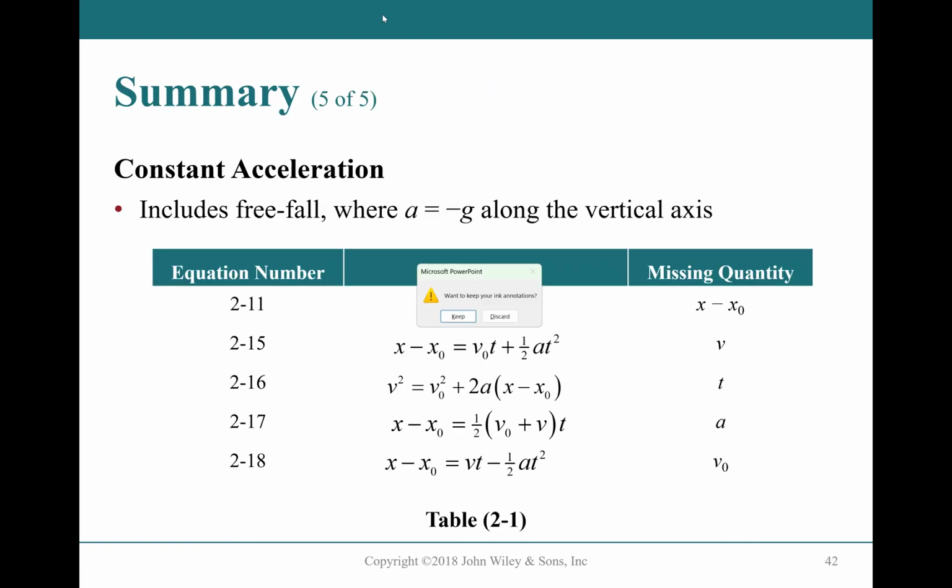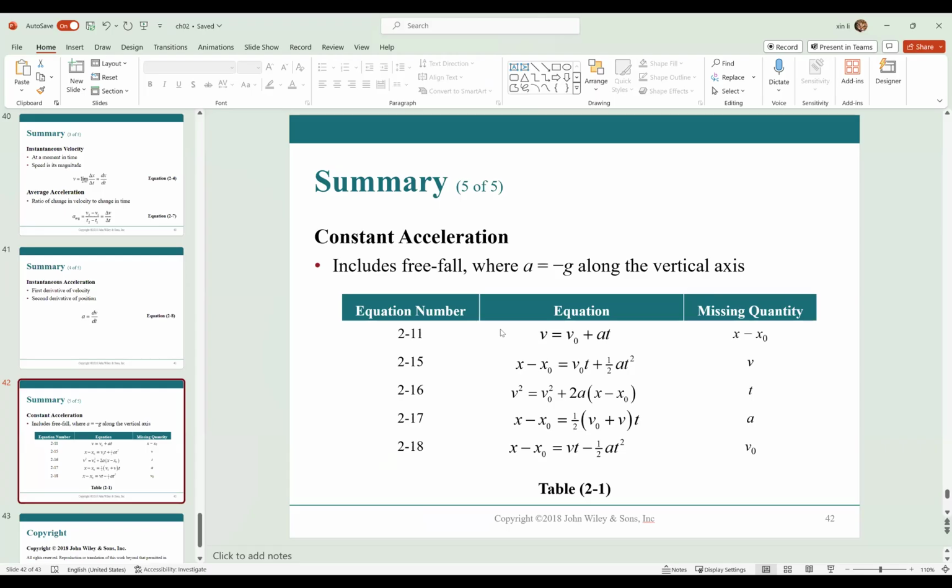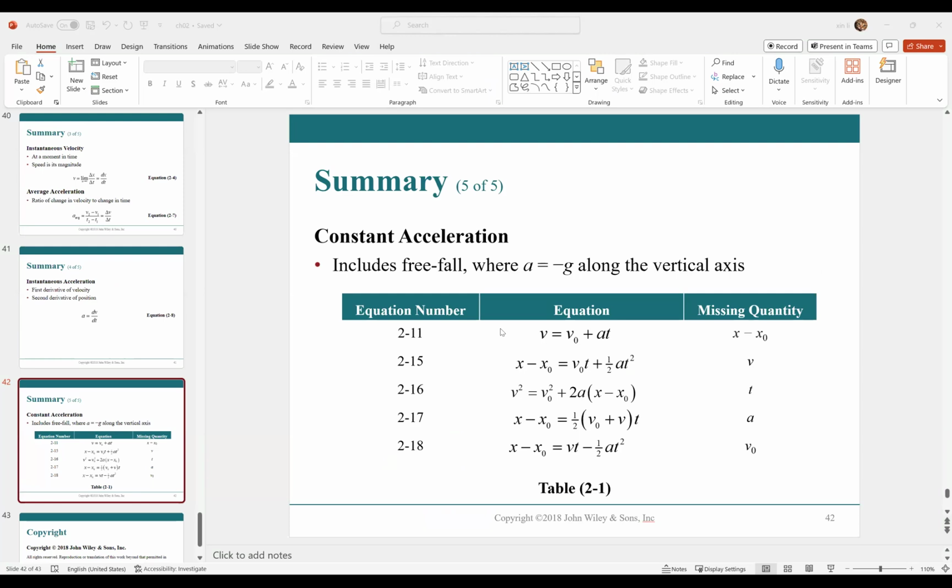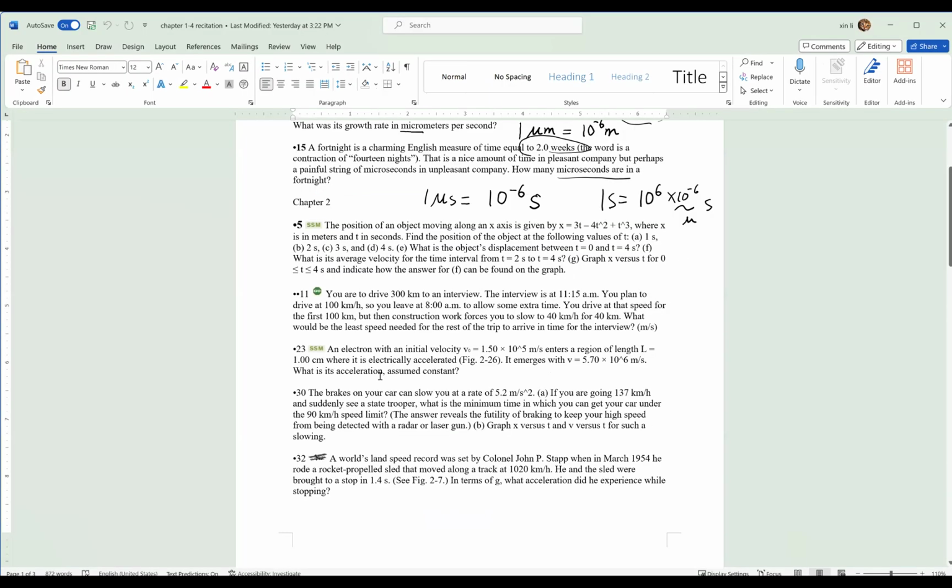So we didn't do any examples of the application of these equations, but on your homework, I want to show you homework. So you are going to do this homework today after class, okay?